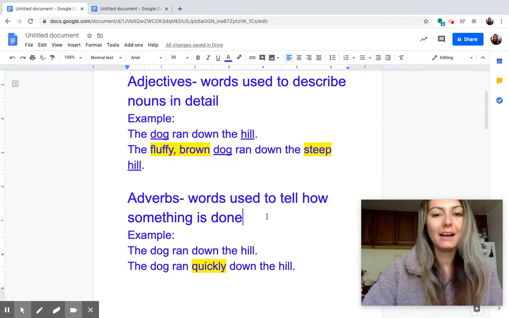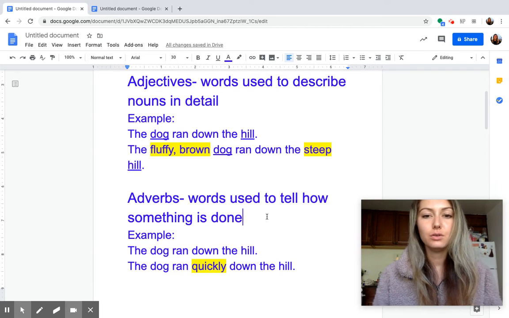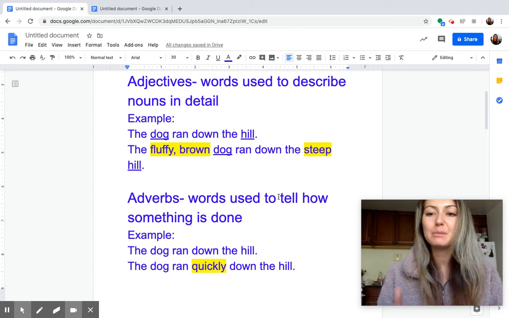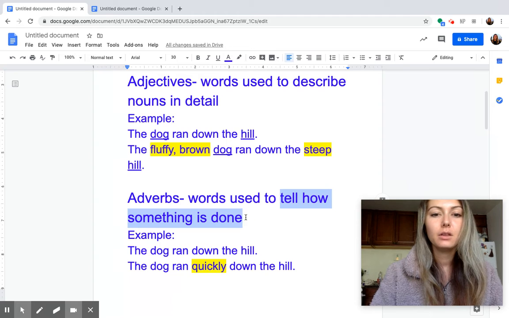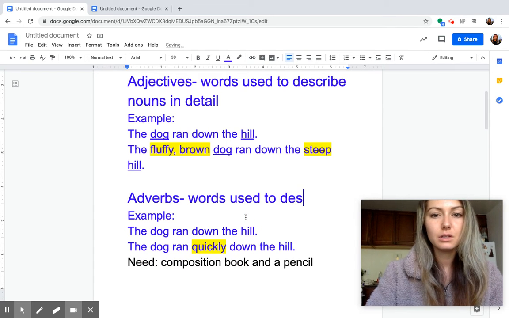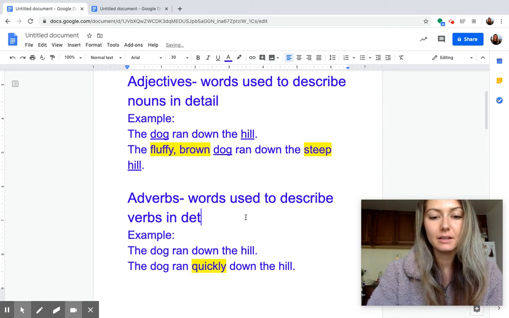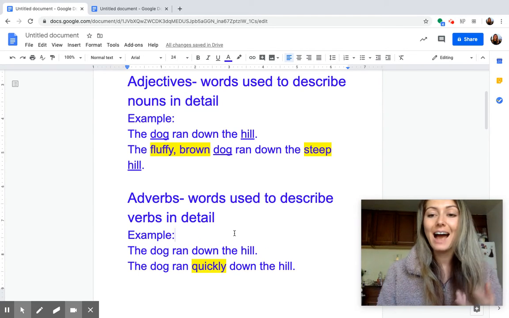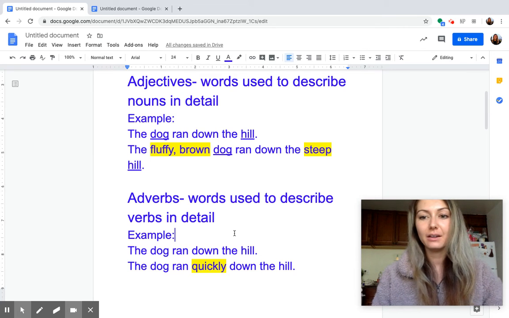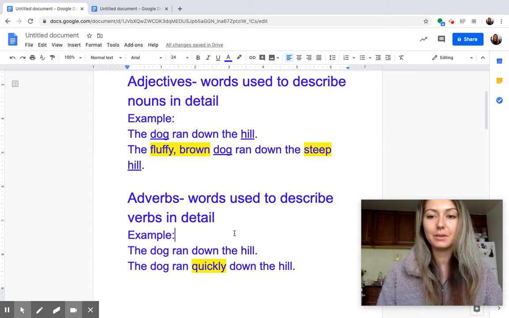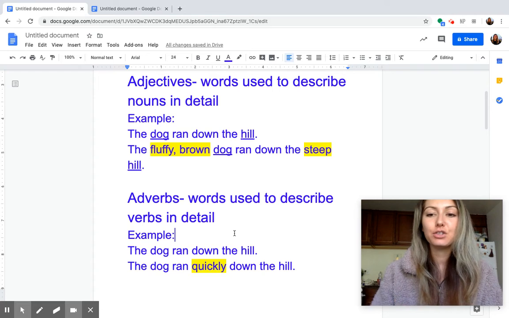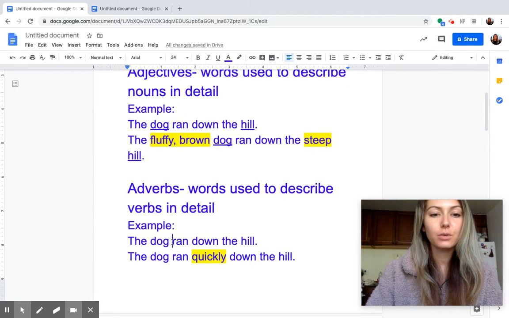When we talk about adverbs, like adjectives, these are words used to tell how something is done. Ms. Metz is going to say today that these are words used to describe verbs in detail. So those action words like ran, walk, climb, jump, we're going to describe those in detail. So in the sentence, the dog ran down the hill, ran is actually the verb here.